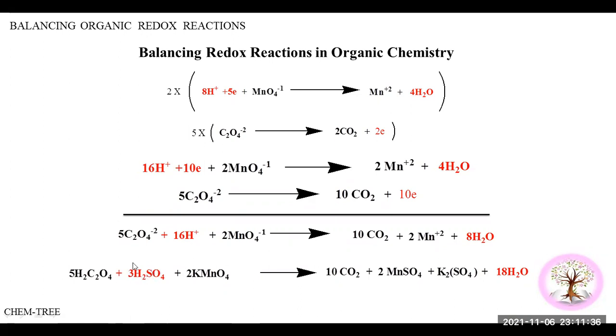Then you will write 2 potassium permanganate, and then 10 carbon dioxide molecules, and the same manganese +2 in the form of manganese sulfate. As there is potassium permanganate, potassium sulfate is formed along with the 8 molecules of water, not 18.